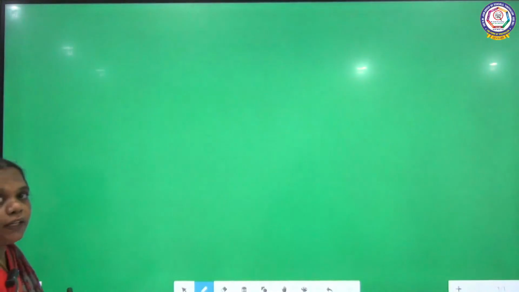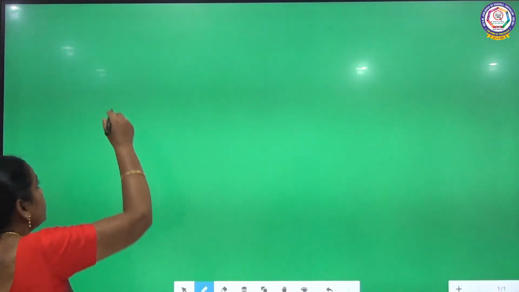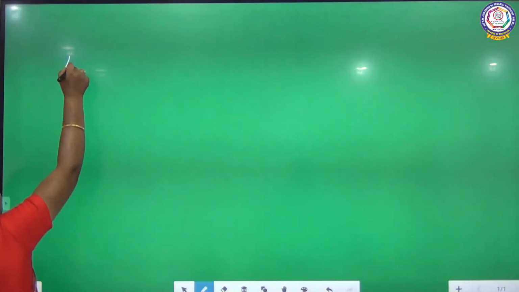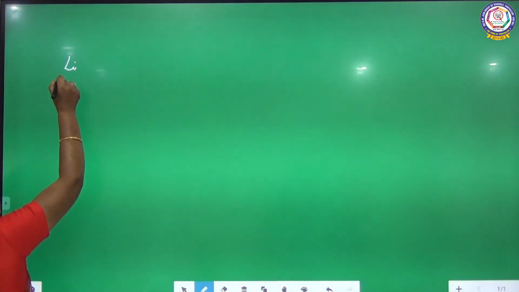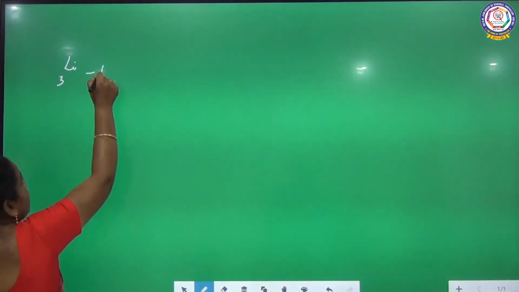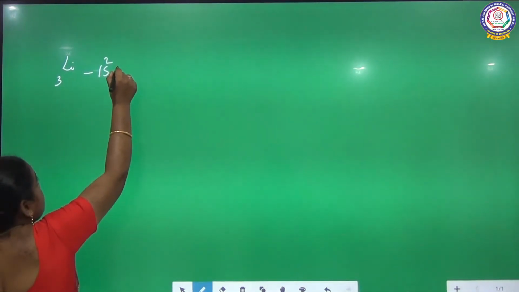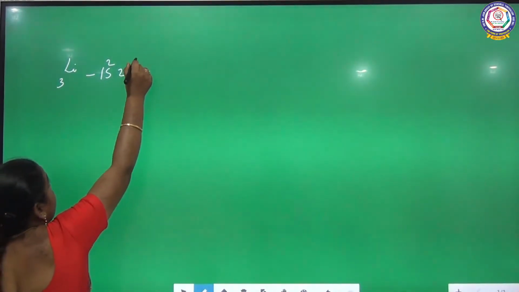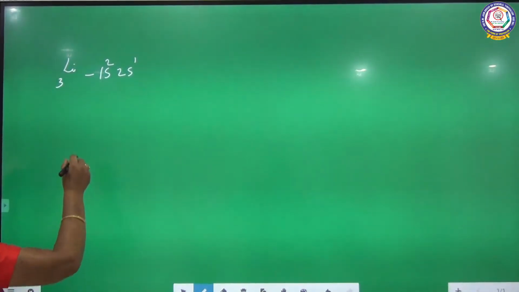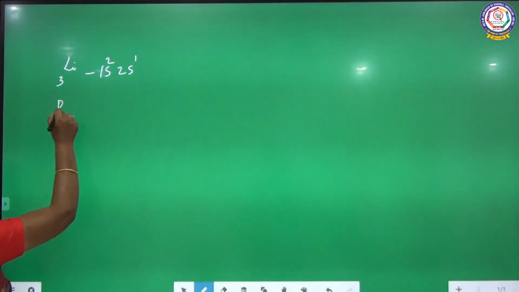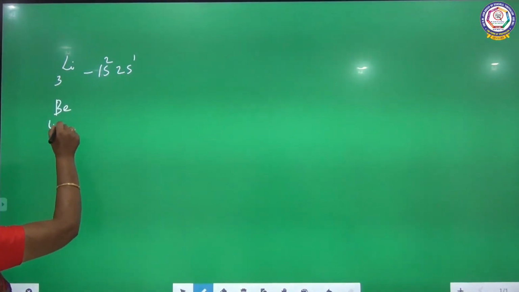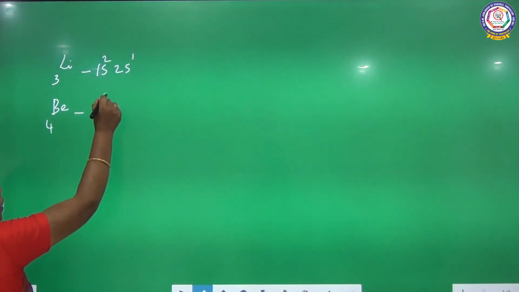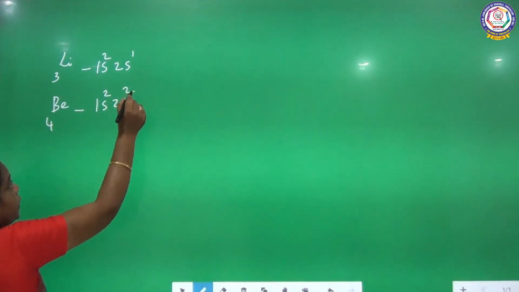So now we will compare the second period elements. Lithium, atomic number 3, 1s2, 2s1. Next element, beryllium, atomic number 4, 1s2, 2s2.